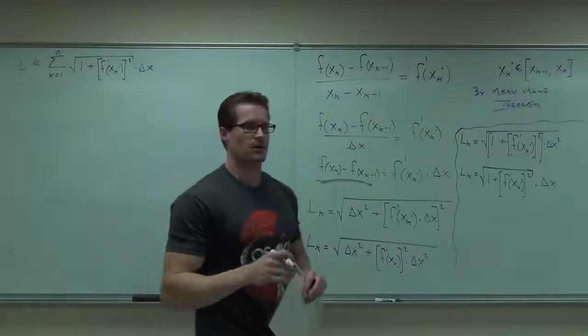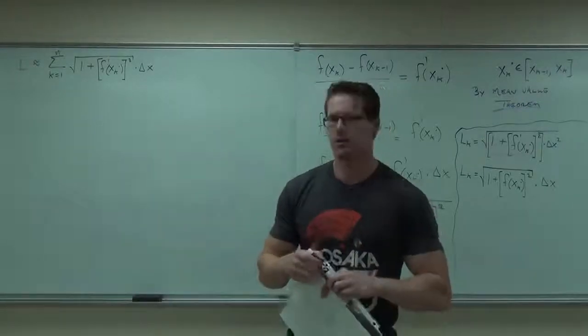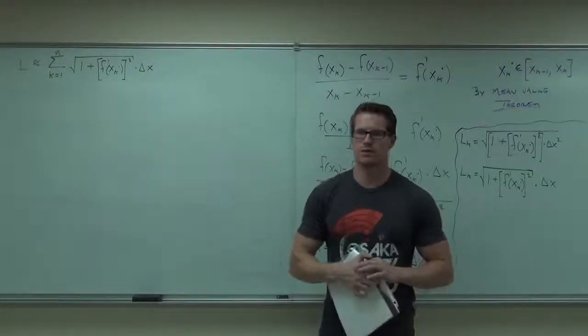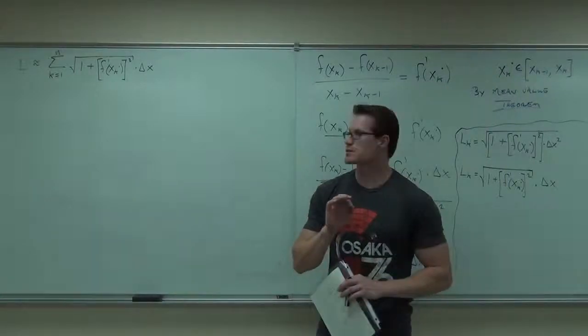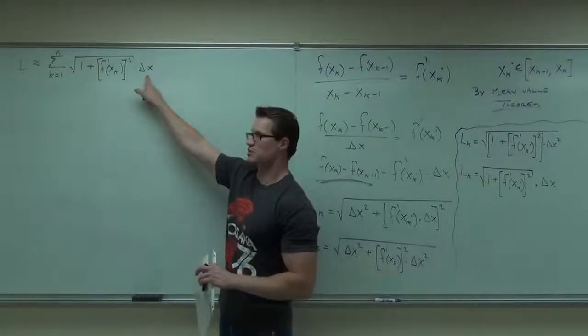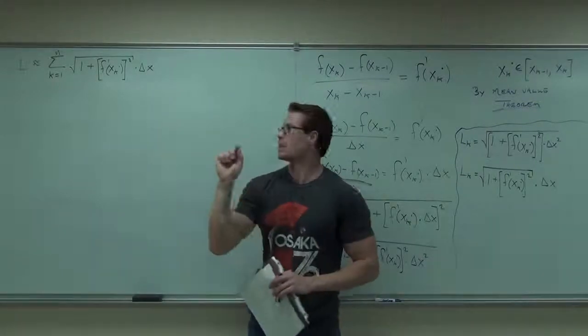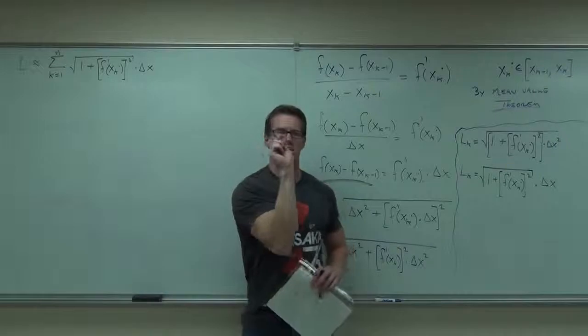How do I make it a better approximation? Yeah, as n goes to infinity, that means instead of just a few cuts within there, we're going to make an infinite number of cuts. That causes this distance, remember that was the distance between those points, to go to 0. It causes the arbitrary point to be smashed in between there.